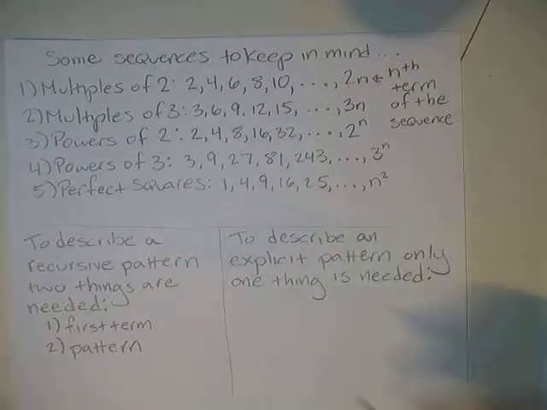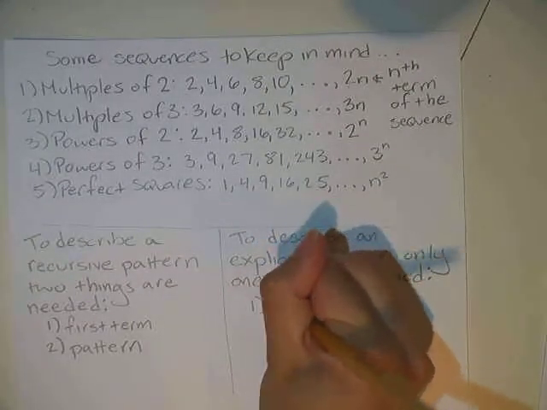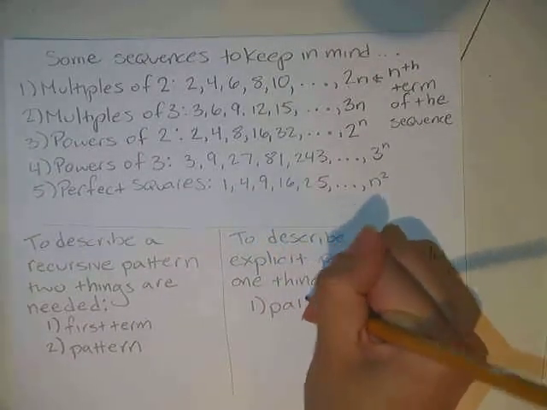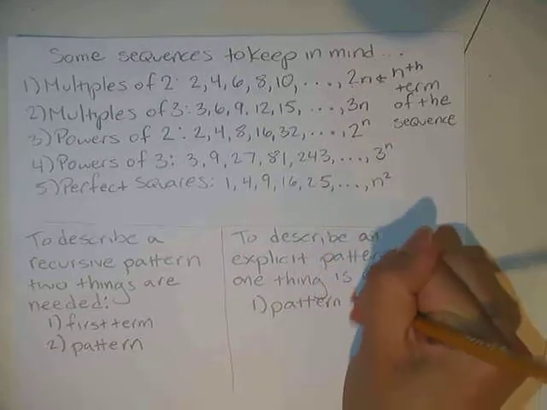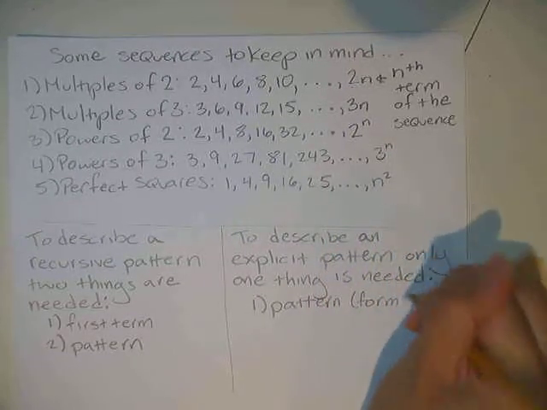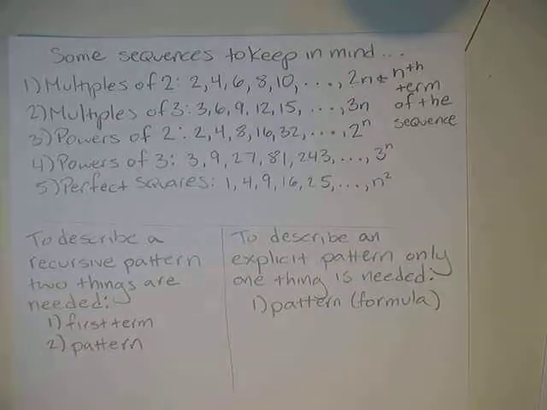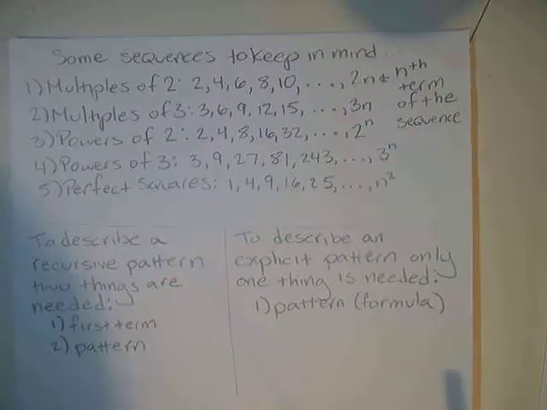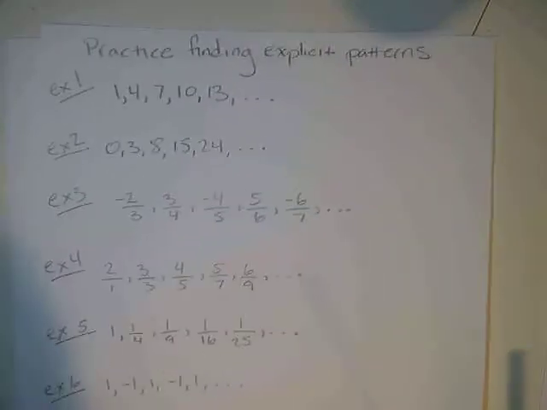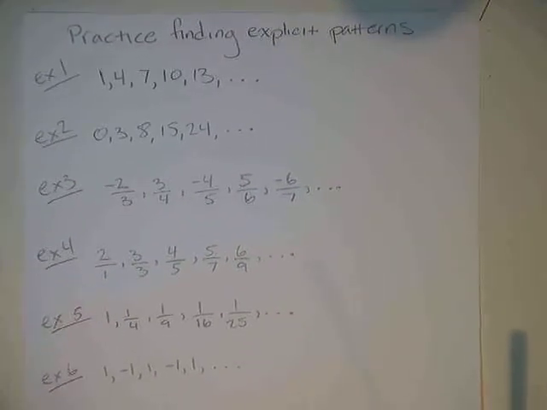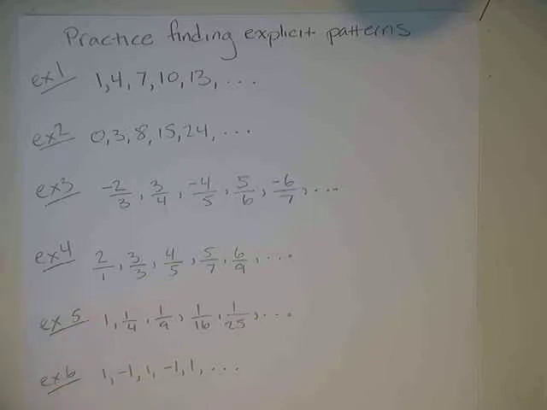We had our sequence and we figured out the pattern was 6n plus 1. So if I gave you this formula, you can recreate the sequence by plugging in 1, 2, 3, and so on, and you would know it. The only thing you need is the pattern, or you could think of it as the formula.